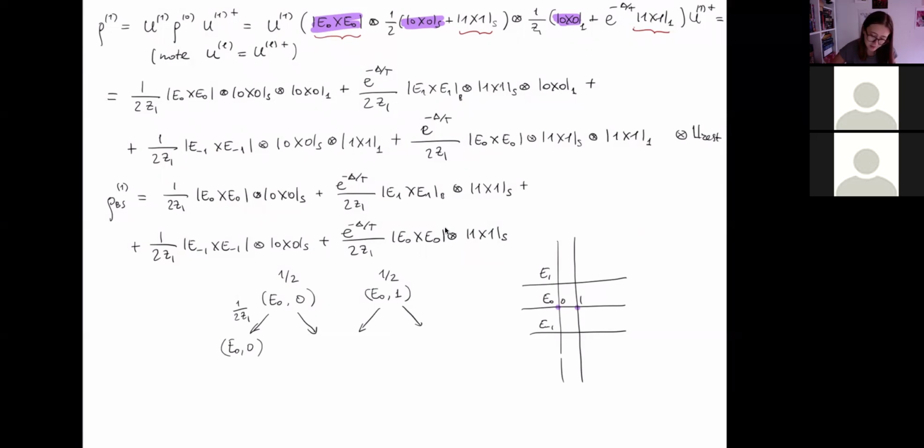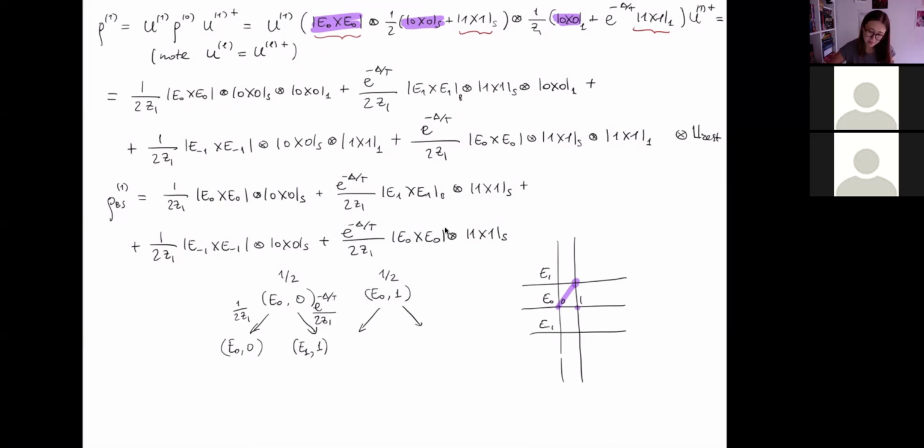The second state corresponds to the system going to the state 1/1, which is this state here. So this transition happened with a probability e to the power minus delta over t over 2Z1.